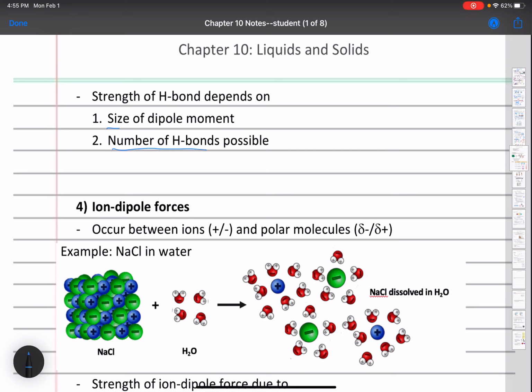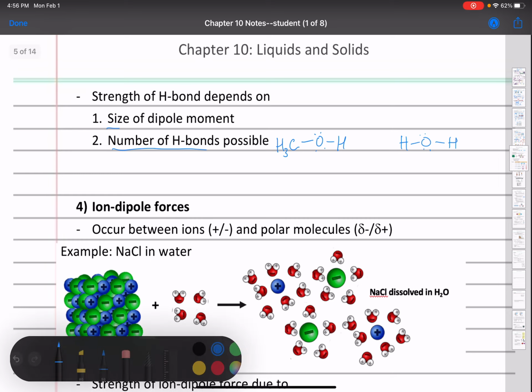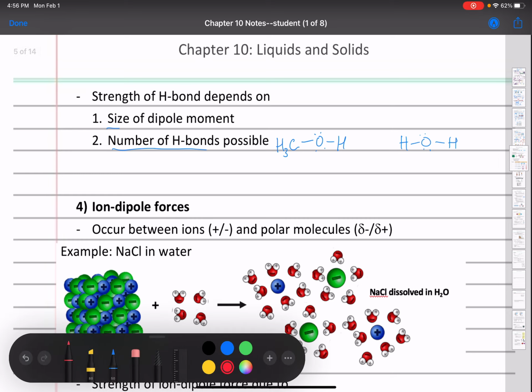So, for example, if I draw out that methanol molecule again, just draw it like this. All right, versus water. Guess I'll get my lone pairs in there, okay? So, methanol has one hydrogen bond donor.